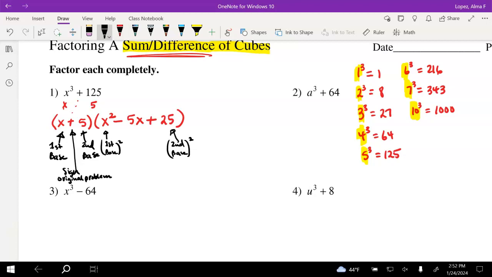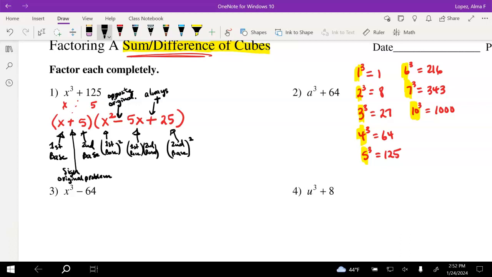Let me write those down. The middle term is our first base times the second base. This sign is always plus. This sign is the opposite of the original problem.